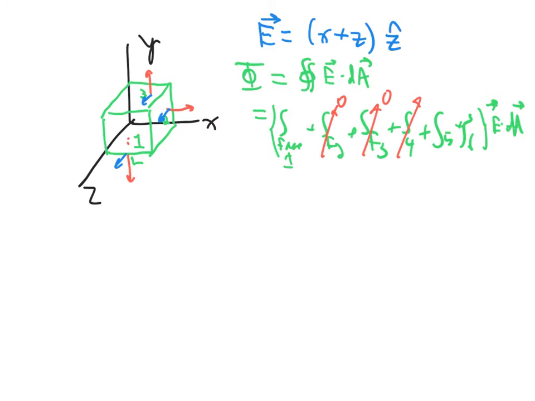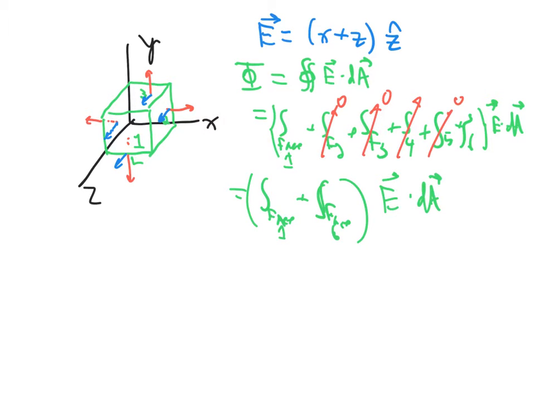And for face 5, the normal points out, but the electric field points along, and so once again that becomes 0. And so our total flux is really going to be the flux through face 1 and the flux through face 6. And that's all we have to worry about, which is nice.